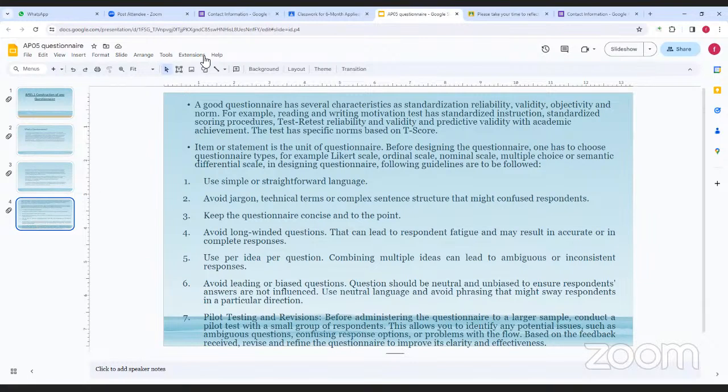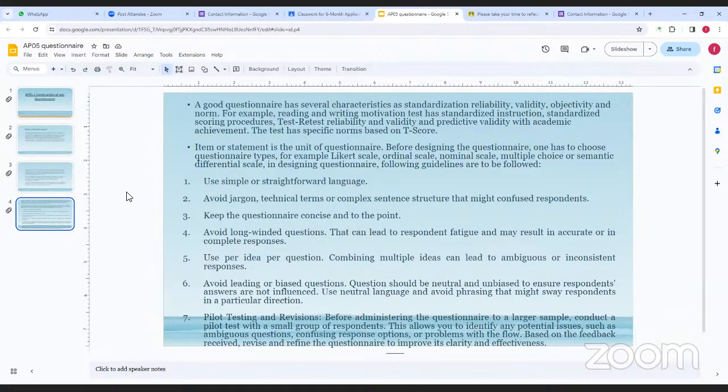Now, when you want to use any questionnaire, you have to examine a few things. Number one is the population. Whether the questionnaire is applicable for the younger generation or for the adult generation. For example, Cattell 16 PF is for the adult population.